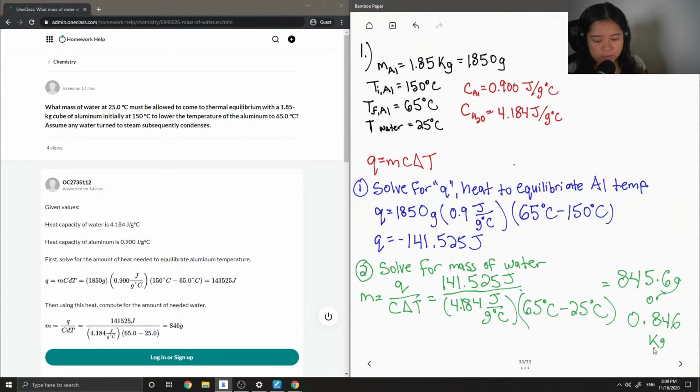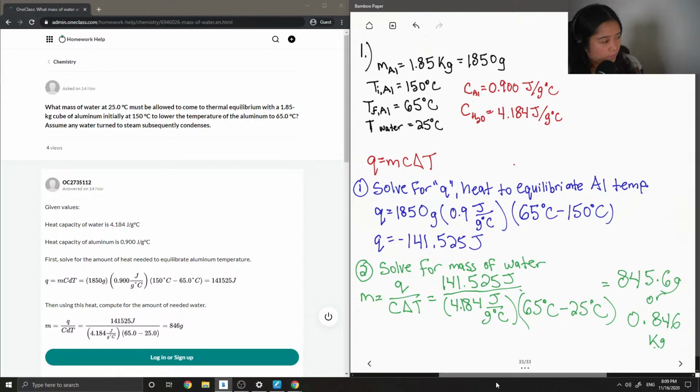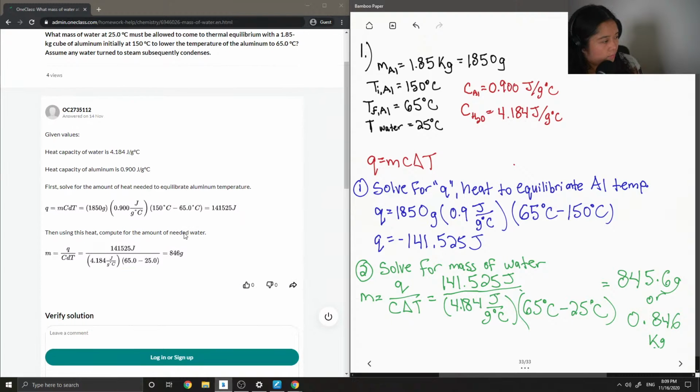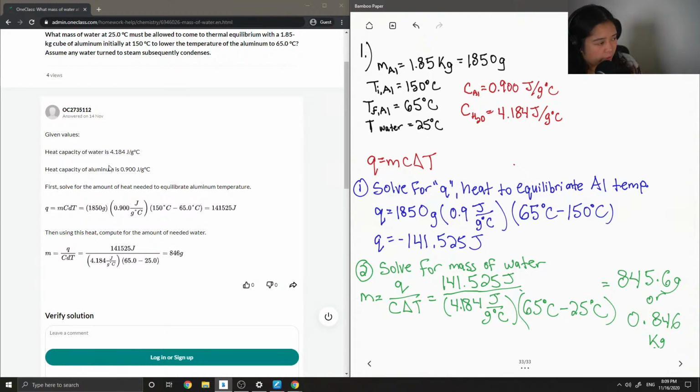Okay, so let's see what the junior tutor said. Given values, heat capacity of water is 4.184 joules over grams times degrees Celsius, and they have the heat capacity of aluminum to be 0.900. First, solve for the amount of heat needed to equilibrate aluminum temperature.